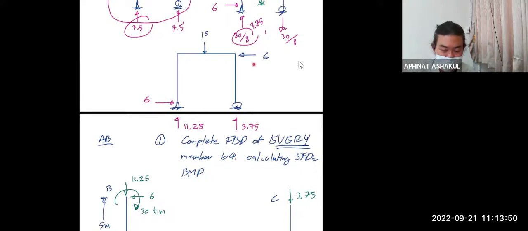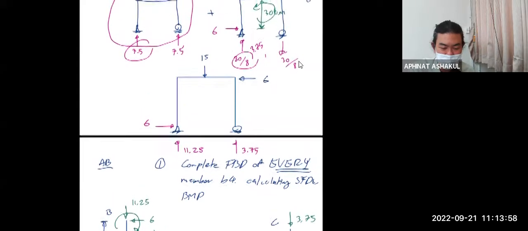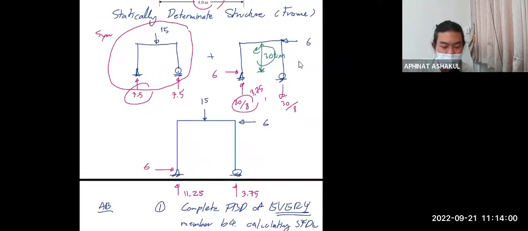So when I cut the free body diagram of this member, only this one shows up. Your friend asked me about the 7.5, but remember, I split the load case into two cases. This 7.5 is the one corresponding to 15 alone, and the reaction must be this 7.5 added up to this one, which is a downward reaction. That's why we have 3.75.